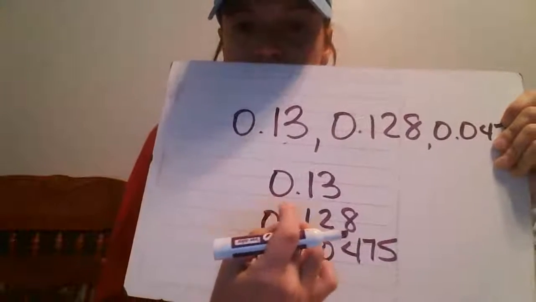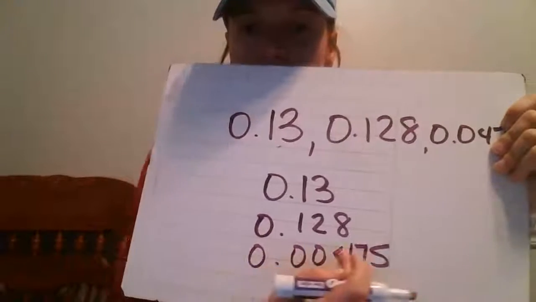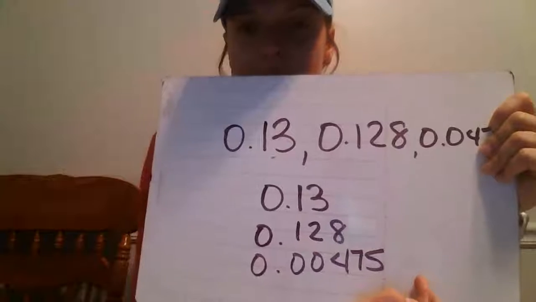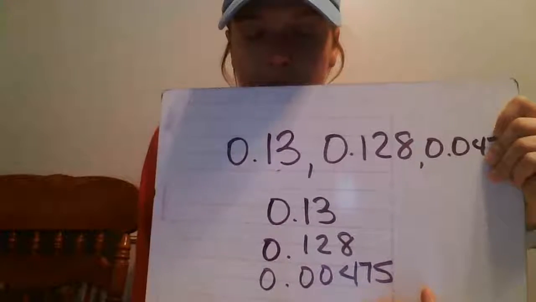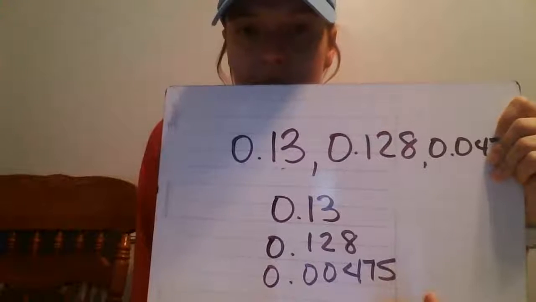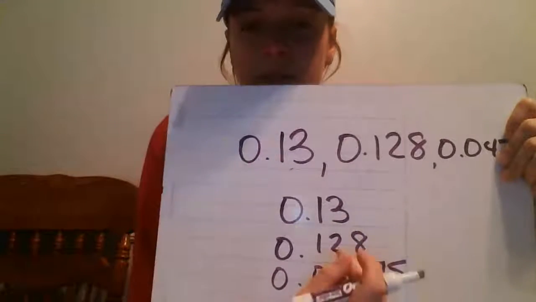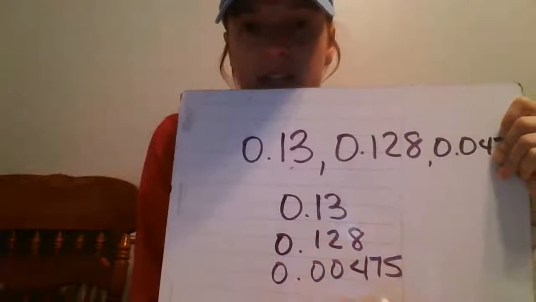The decimal point is all lined up. Okay, so if the number keeps going to the right more, that means it's going to be lower. So we know that 0.00475 is going to be smaller than 0.13 because 0.13 doesn't go out as far into the decimal places. So we know that 0.00475 is going to be our smallest.